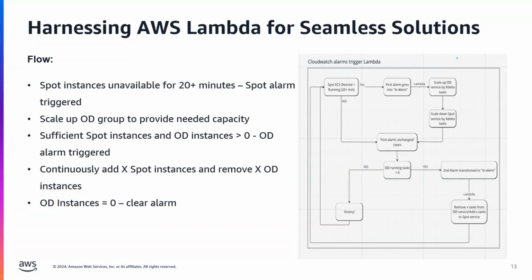If that succeeds, we remove them from the on-demand and satisfy the spot until we get the on-demand to zero, achieving victory as we've cleverly shown there. That triggers the alarm, and this is a continuous loop that we have on the Lambda running for us multiple times. And we have been running this for more than 9 months now. We've yet to encounter any issues with it, and it has saved significantly.